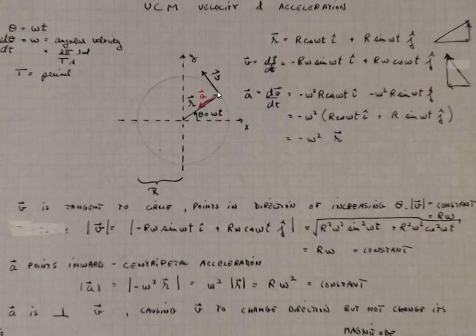You can see that from this picture: here's the v vector and here's the a vector, so they're perpendicular to each other. Since there's no component of a in the direction of v, the magnitude of v doesn't change, but the direction of v changes. So a always being perpendicular to v means the magnitude of v doesn't change, only the direction does.